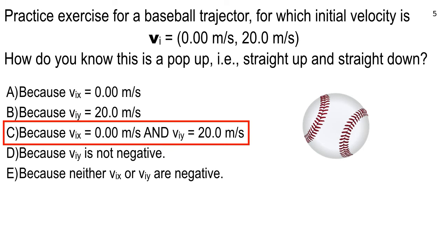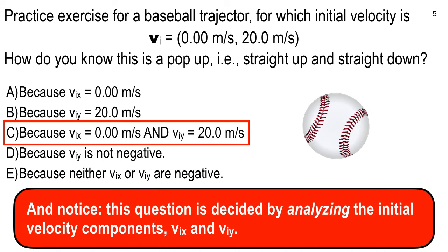and then option E, neither VIX nor VIY are negative. Yeah, those ones don't compute for a pop-up for the same reasons. Now, I want you to make a final note, kind of a side note for this question.